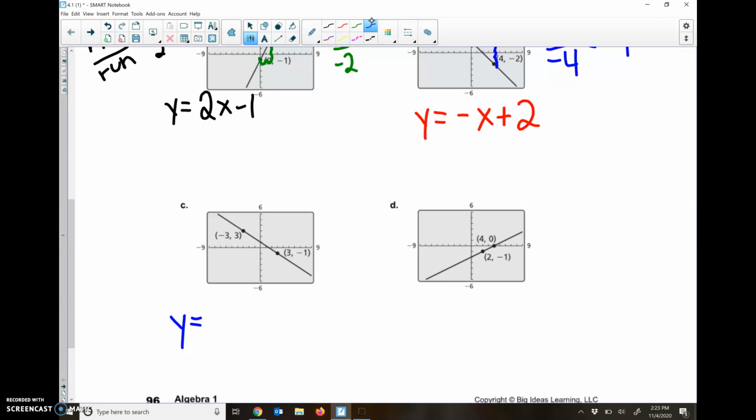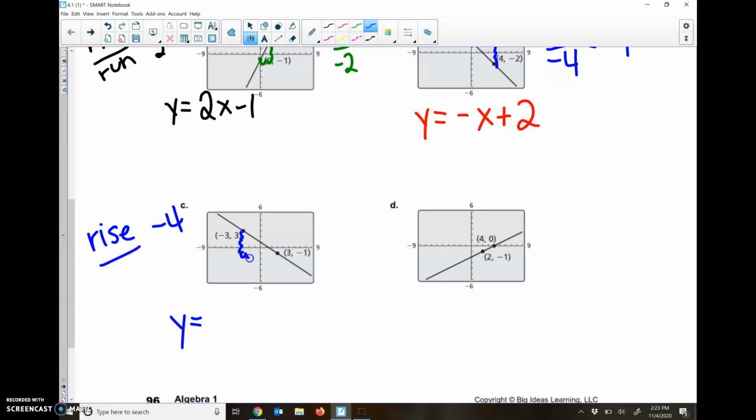All right, next one here. So this is a negative slope. From left to right, it's going down. So I always like to start at the top one then. So it looks like I'm going to go down 1, down 2, down 3, down 4. So my rise is negative 4. Again, kind of weird to say, rise negative. And this looks like a little bit bigger of a stretch here.